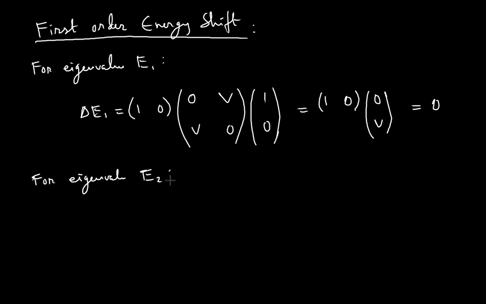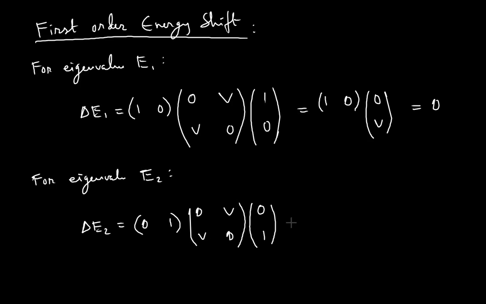Okay, now let's find the same for eigenvalue E2. This time we have delta E2 equal to (0, 1) times (0 V; V 0) times (0, 1) again. So this is basically (0, 1) times (V, 0), and this is again equal to 0.